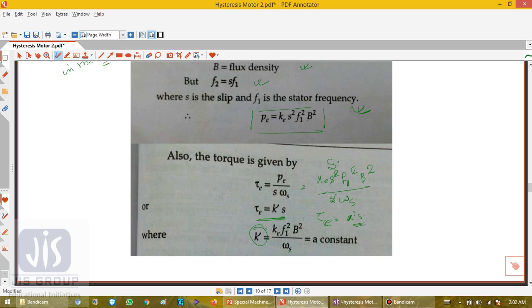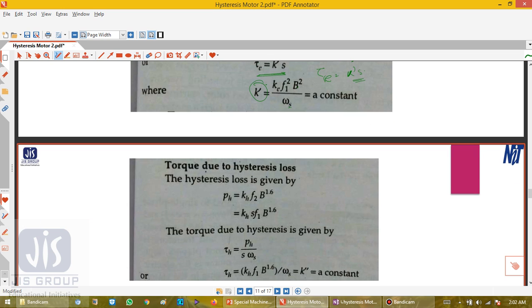Okay. Now torque due to hysteresis loss. And hysteresis loss, when we studied the transformer, we know this is represented by this equation: Kh F2 B to the power 1.6. This 1.6 is the Steinmetz constant. And we will put S F1 in place of F2.